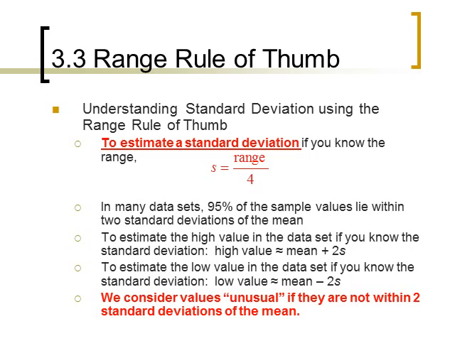So basically, if you can imagine an x-axis and you have 0 in the middle, and if you go to the right 2 marks and then to the left 2 marks, 95% of your data is going to fit between -2 and +2 on the number line. Anything that is greater than 2 or smaller than -2 is unusual. And so we consider values unusual if they are not within 2 standard deviations of the mean.